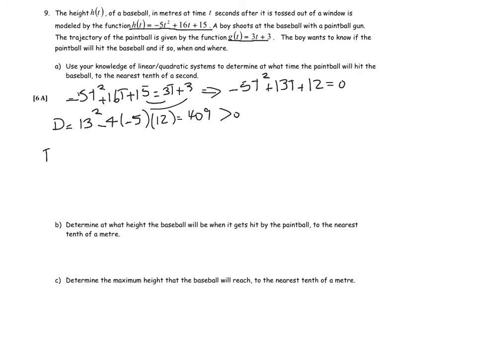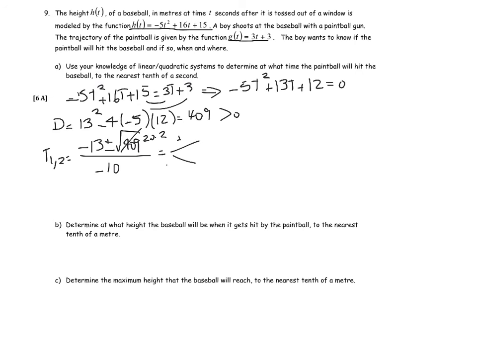To find the zeros, or the time, we know that it's minus b, which is minus 13, plus or minus square root of 409 divided by 2a, which is negative 10, 2 times negative 5. Now, square root of 409 is about 20.2.